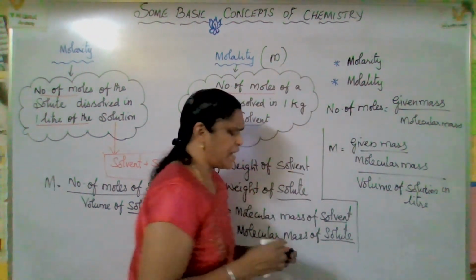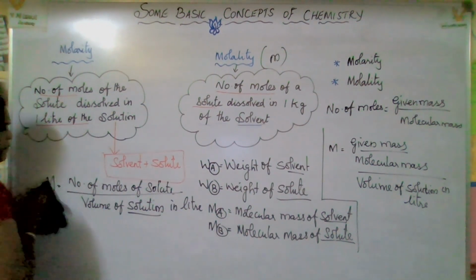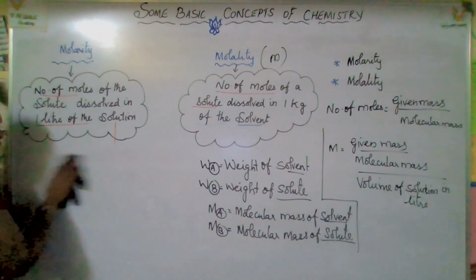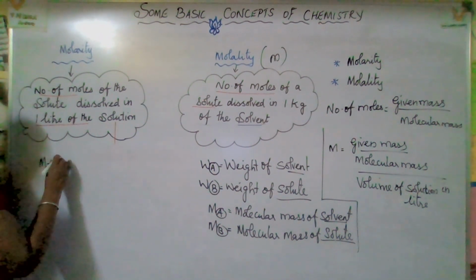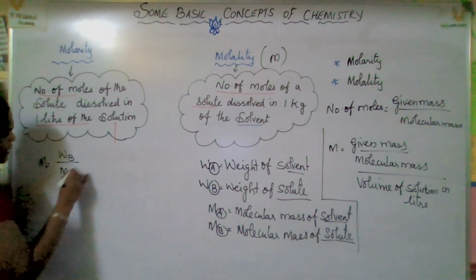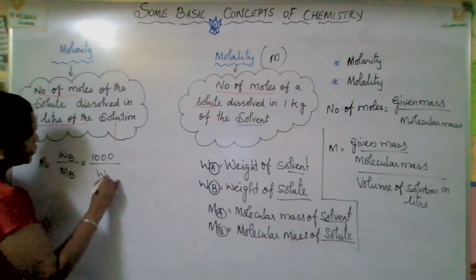So how do we write it as a formula? I'll write it here: capital M equals WB by MB into 1000 by WA.